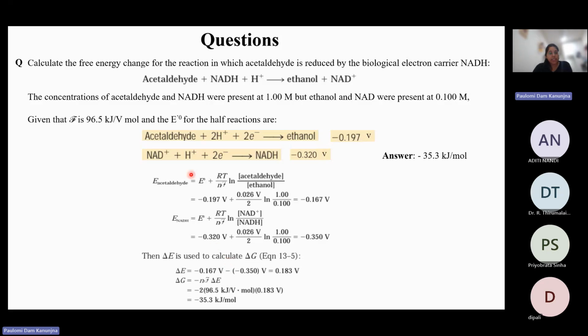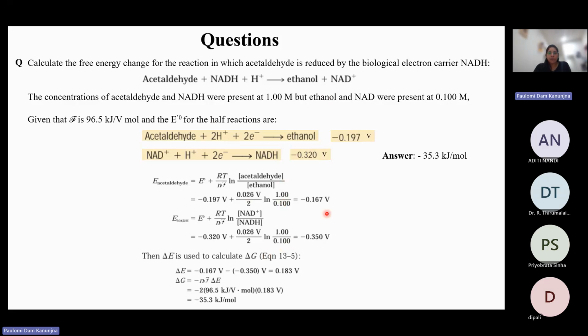But the delta E here, which is basically the acceptor minus donor, will first come from incorporating the values of products and reactants in the equation. When you do that, you have minus 0.197 plus 0.026, because these are standard conditions, divided by 2, because you know this already, 1 and 0.1, 1 and 0.1.